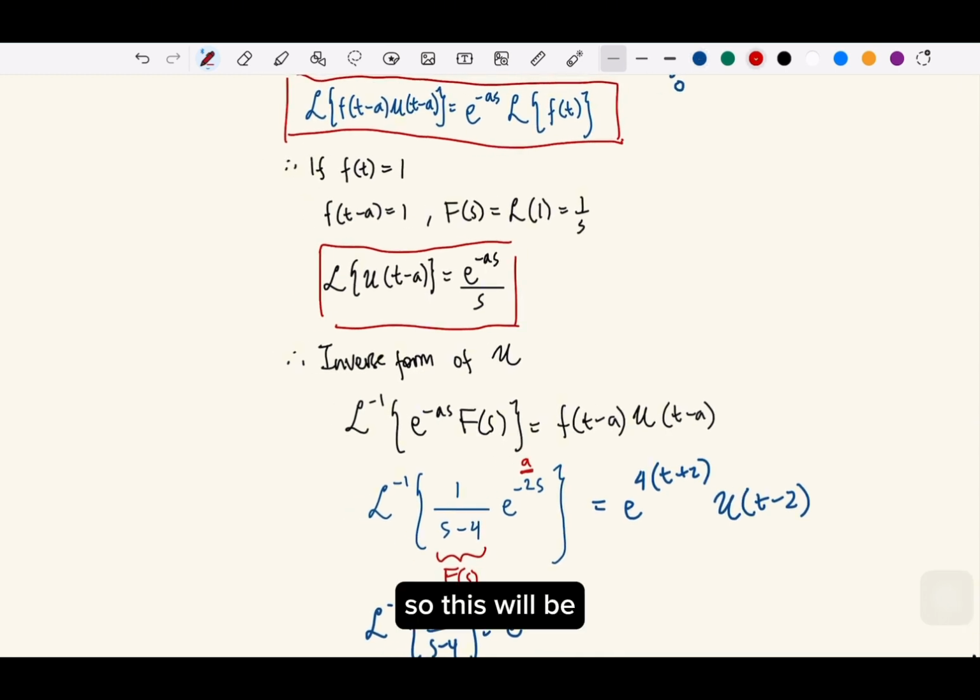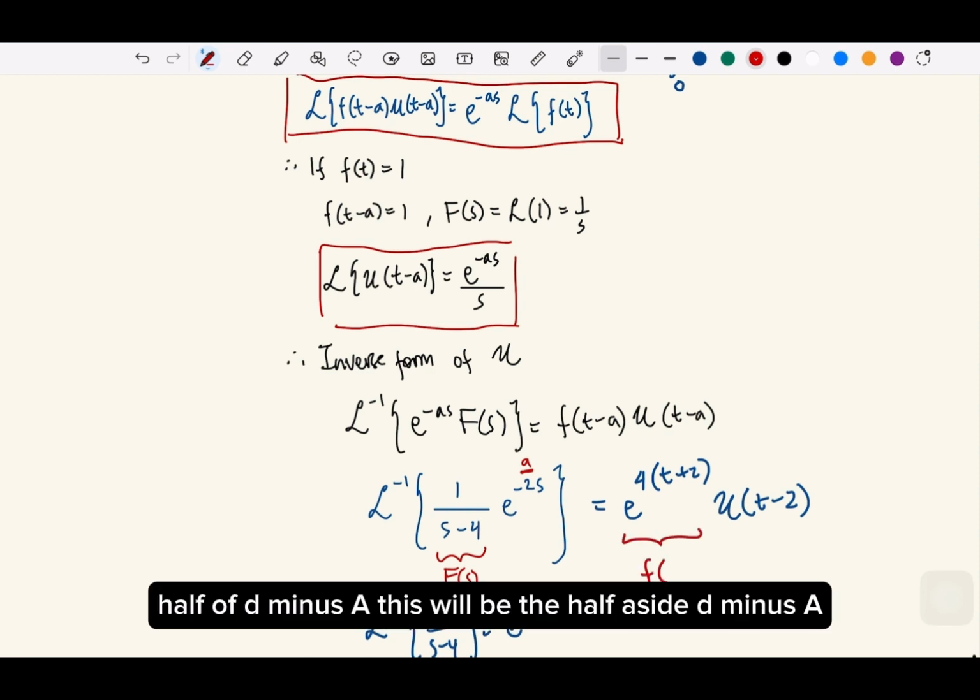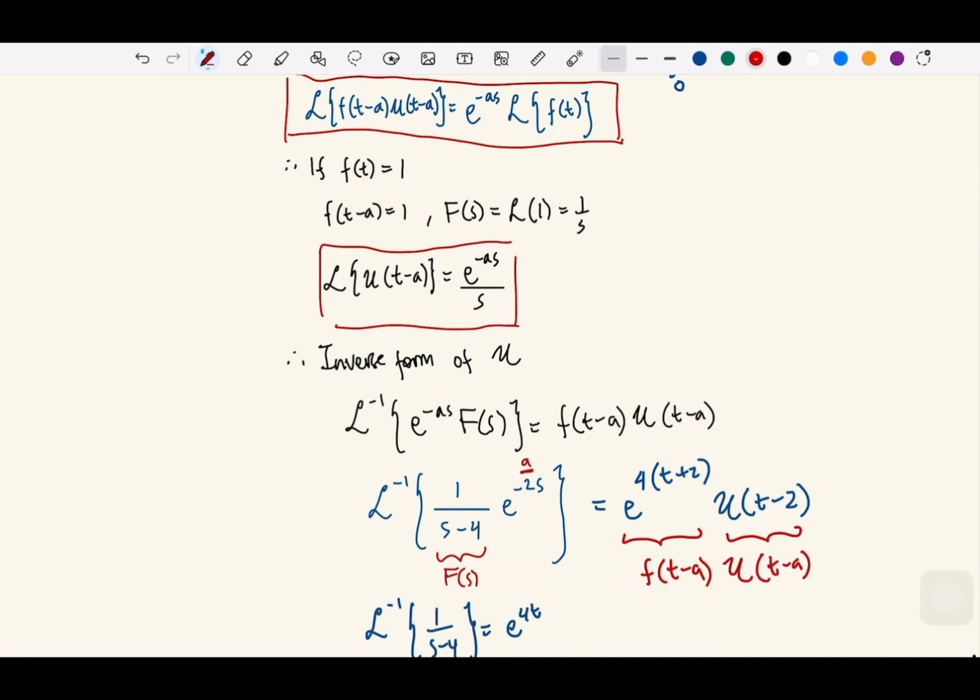So this will be f of t minus a, with the Heaviside t minus a.